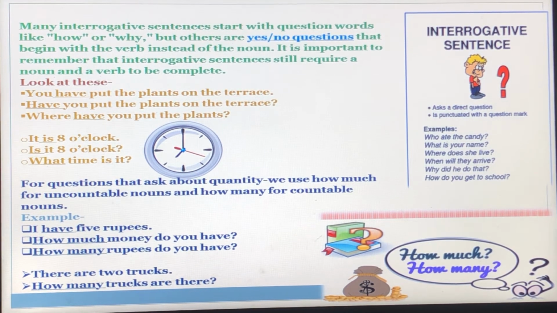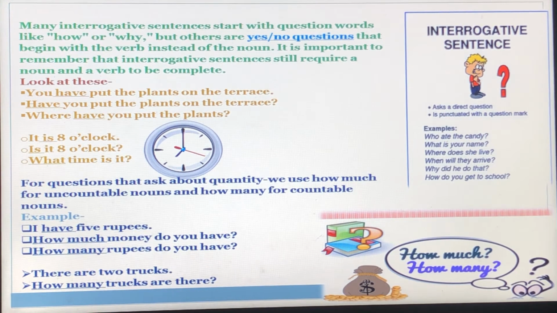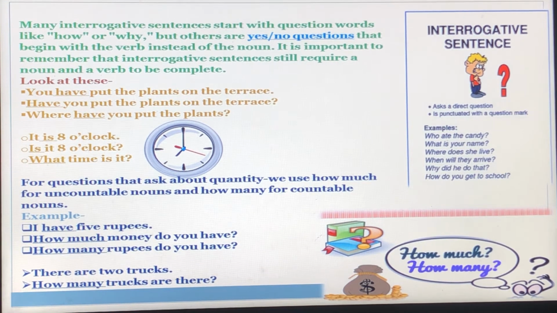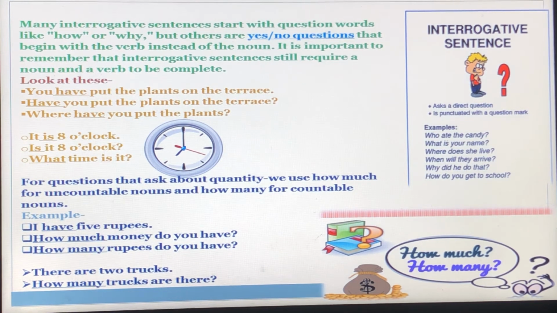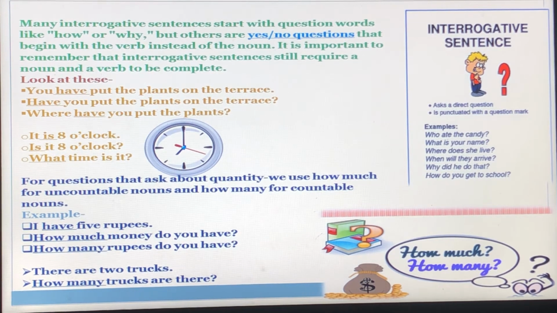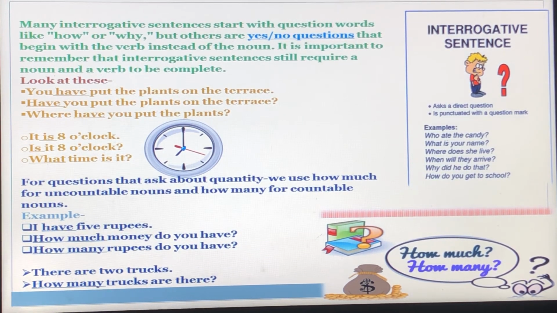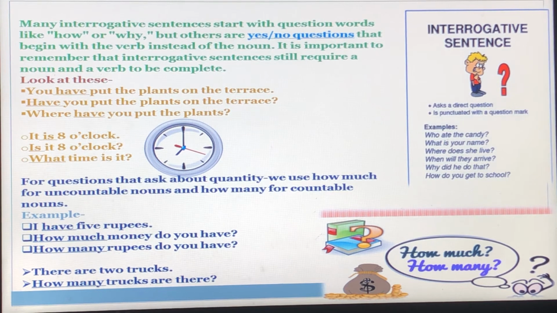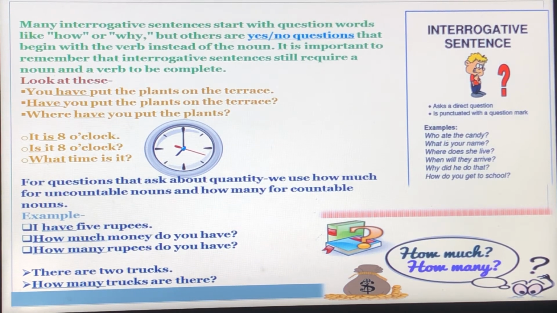So in each set of sentences in the examples above, we have used a question word to start the second question. We also reverse the position of the verb or the auxiliary verb and the noun or pronoun when forming the question. For example, in the first set, the pronoun you comes before the auxiliary have in the assertive sentence.